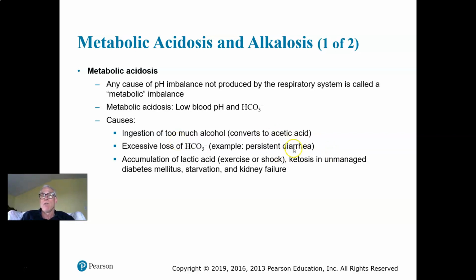So diarrhea results in the inability of the colon, the large intestine, to reabsorb the last remaining amounts of bicarbonate that were added to the chyme in the digestive tract to neutralize stomach acid. So we've put some bicarbonate in there. We've got to reabsorb all of that bicarbonate, and we'll talk more about that in the digestive system chapter. Anyway, if we have persistent diarrhea, we're going to keep on losing that last bit of bicarbonate, and it's going to lead to an acidosis.